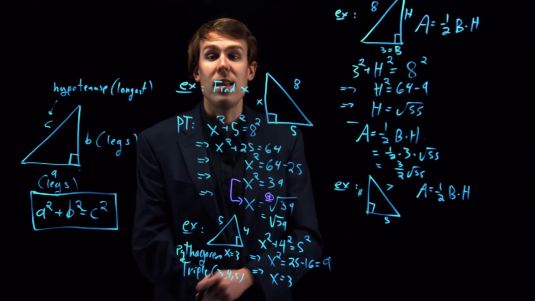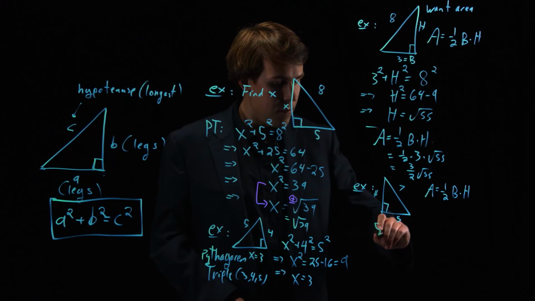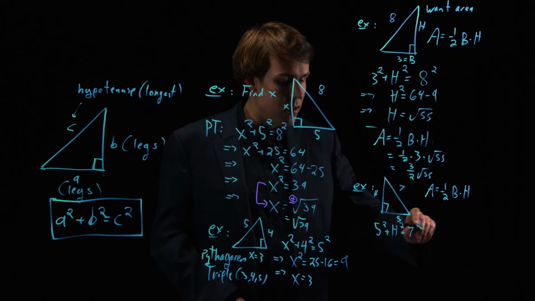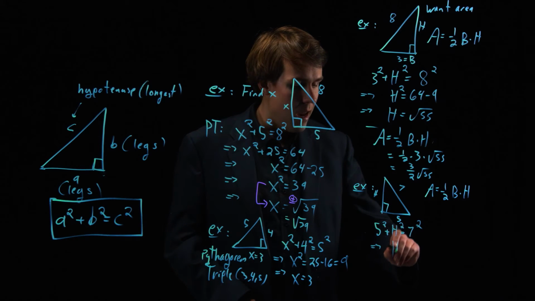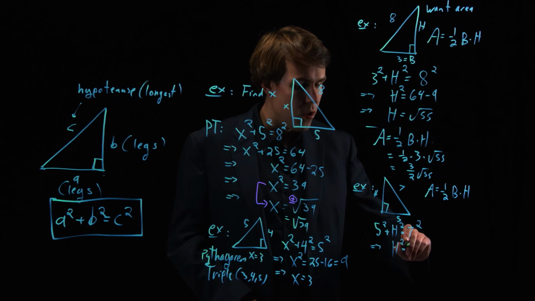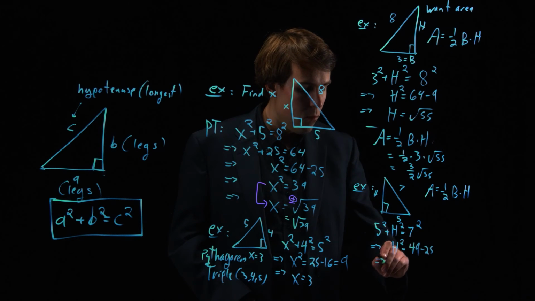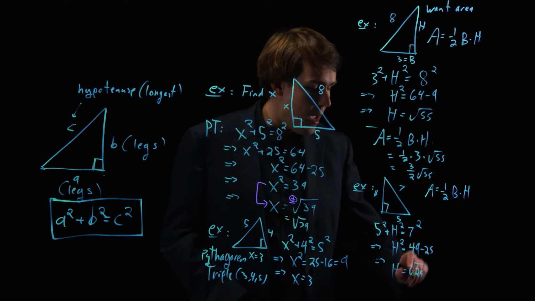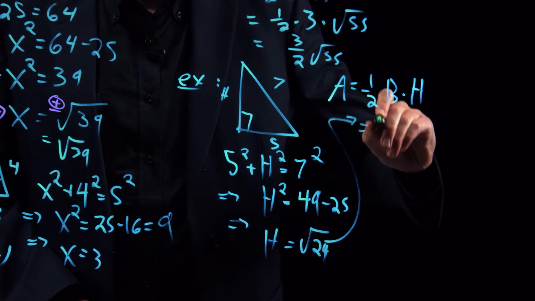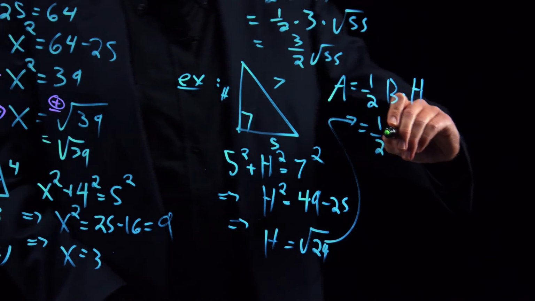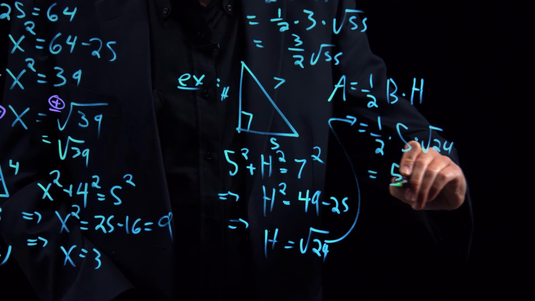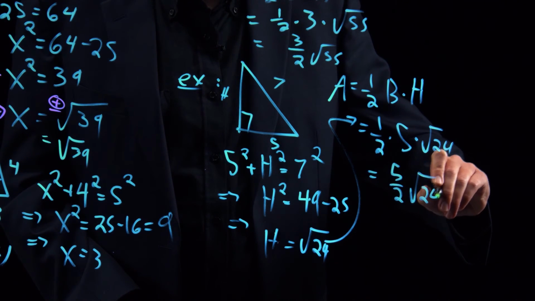So I'll use the Pythagorean theorem to solve for it. 5 squared plus h squared equals 7 squared, so that h squared is equal to 49 minus 25, which is 24. So that h is equal to the square root of 24. And now I can plug this in up here. The base is 5, and I get square root 24 here. So 5/2 times the square root of 24.